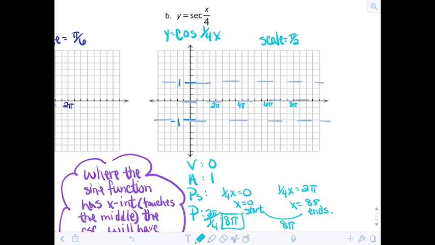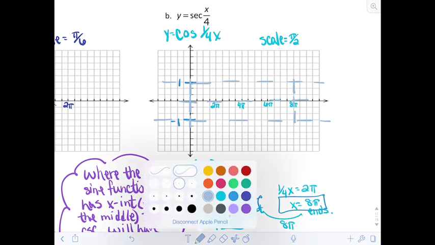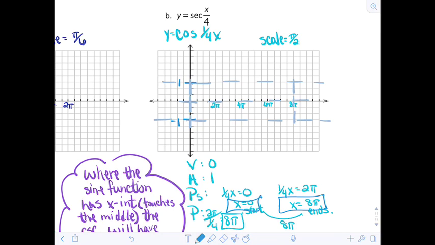Okay, so I have my midline, I have my top, I have the bottom. This is going to, remember, start at 0 and end at 8 pi. So the left side of my box is here at 0, and the right side of my box is at 8 pi. And within that box, I'm going to draw a perfect cosine curve to fill that all up.